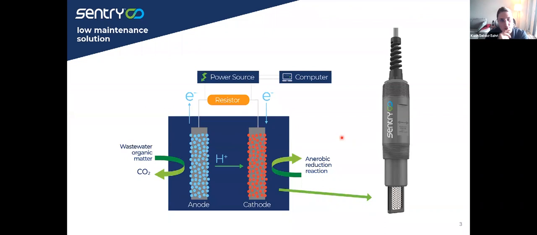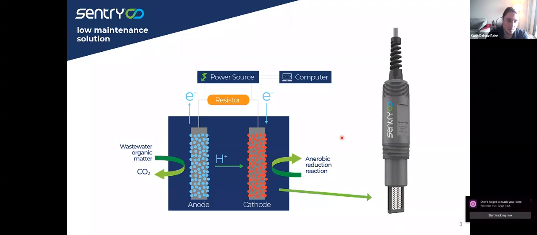So a brief introduction to the technology itself. Sentry is a low maintenance bio-electrode sensor. It basically consists of 2 electrodes, an anode and cathode. A biofilm is formed on the anode side. Specifically, geobacters are formed on the sensor.